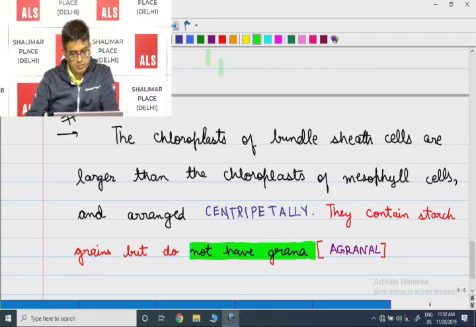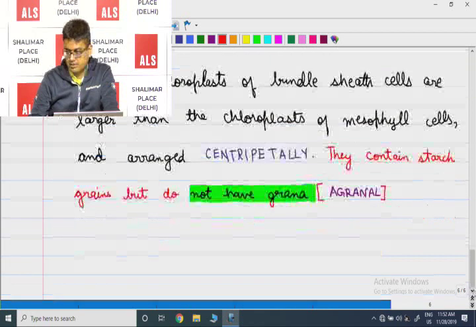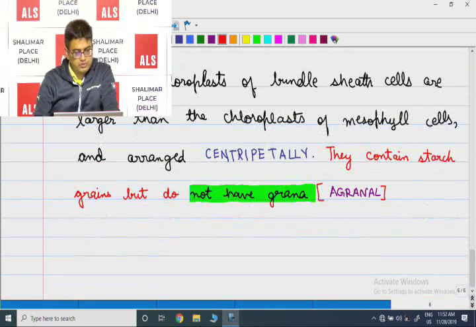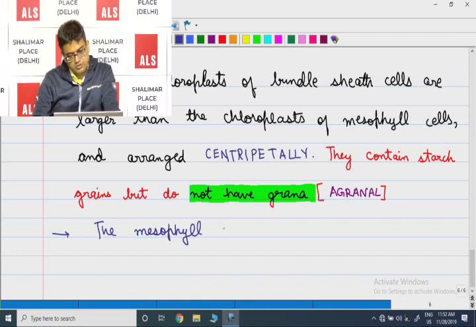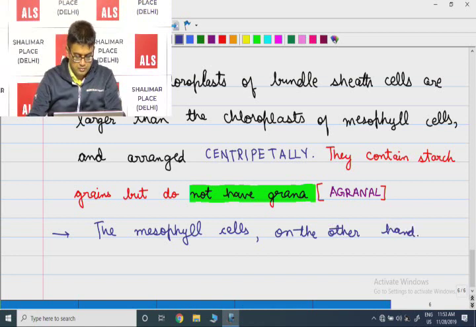So the next statement becomes the point of difference between the bundle sheath cells and the mesophyll cells. Let's take it down quickly. The mesophyll cells, on the other hand, have normal chloroplasts.